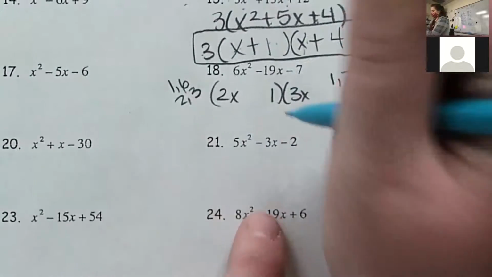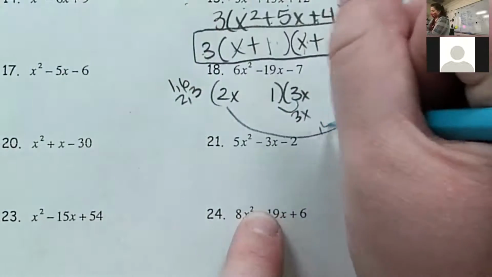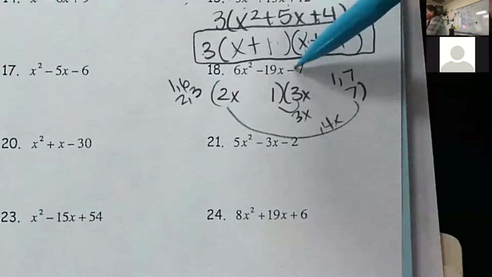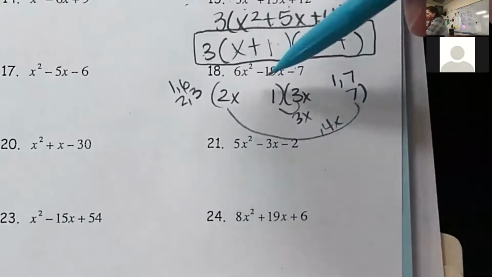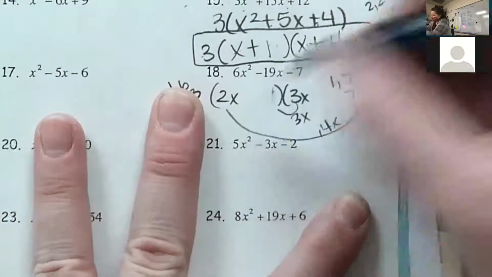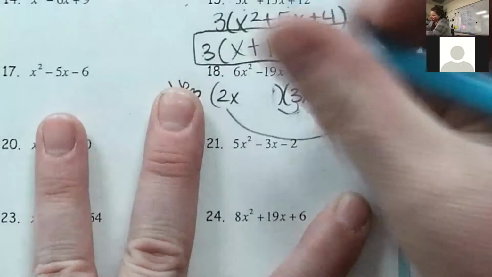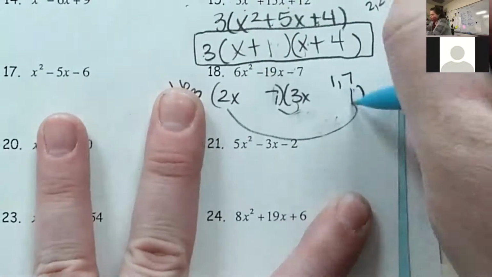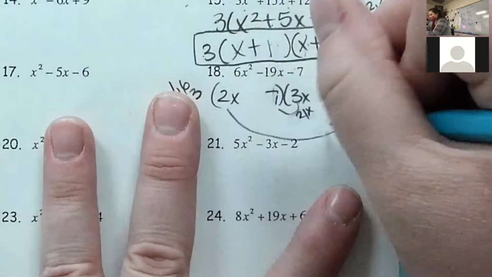7 and the 1. Drawing your loops. This gives me a 3x. That gives me a 14x. Am I thinking adding or am I thinking subtraction? Subtraction. Can I subtract those two to get 19? Nope. So I got to switch around my 7 and my 1. And some of you might have seen it right away. 7 times 3 is 21. 2 times 1 is 2.